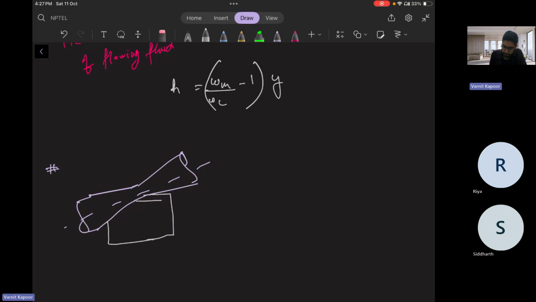Suppose my manometer looks something like this, and this is your difference.